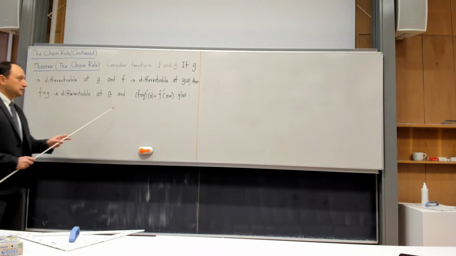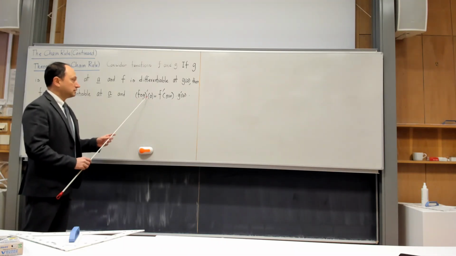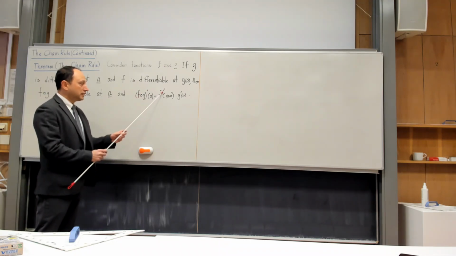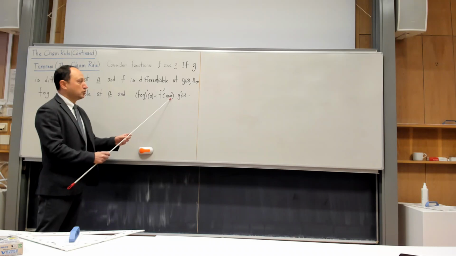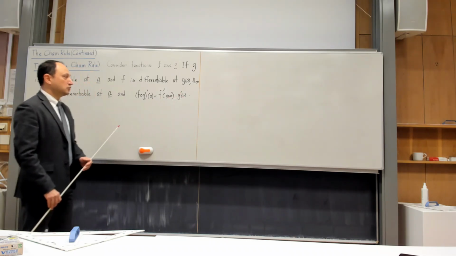The derivative of f∘g at point a is the derivative of f calculated at the point g(a) multiplied by the derivative of g calculated at point a.